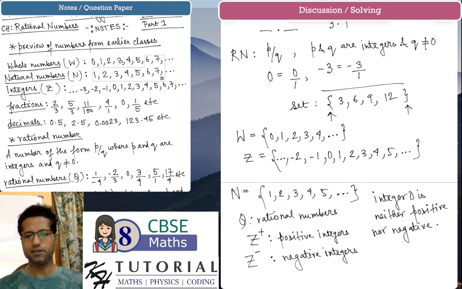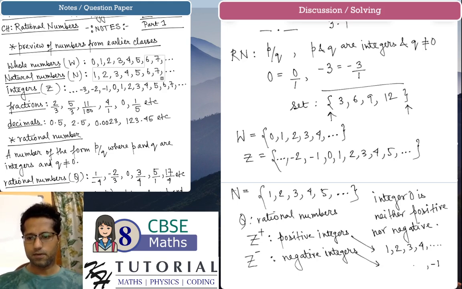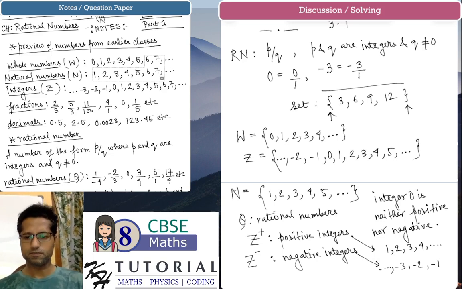What are positive integers? The positive integers start from 1, 2, 3, 4 and it goes on. What are negative integers? Minus 1, minus 2, minus 3 and it goes on to the left-hand side. There are endless negative integers and endless positive integers.